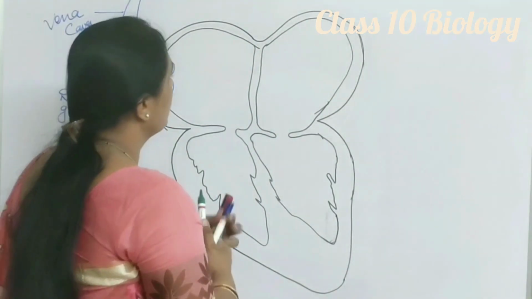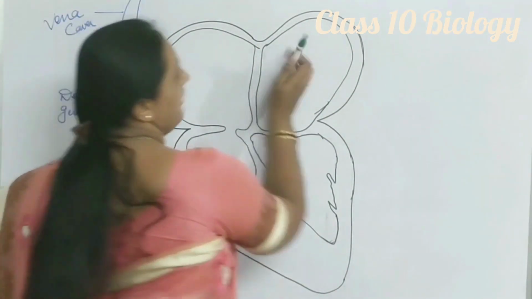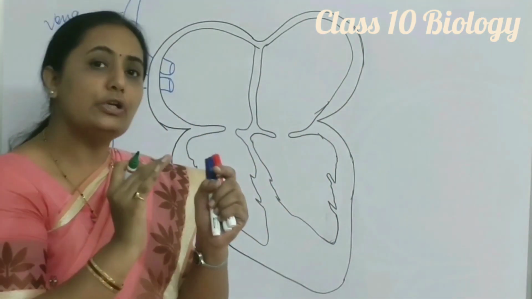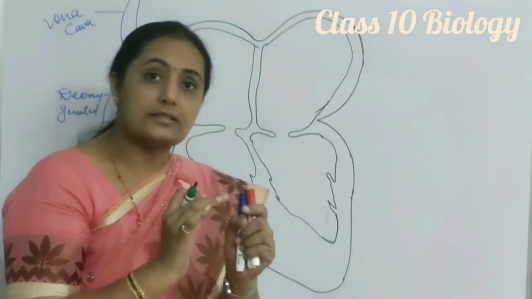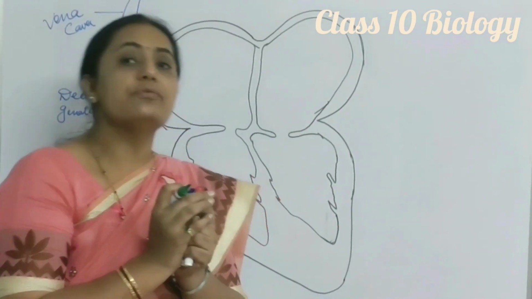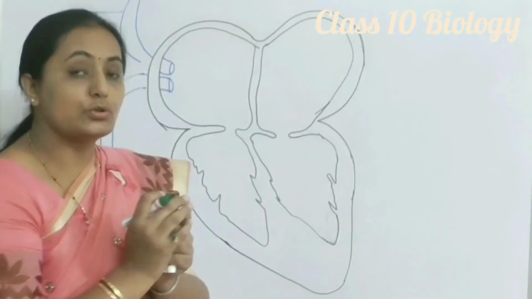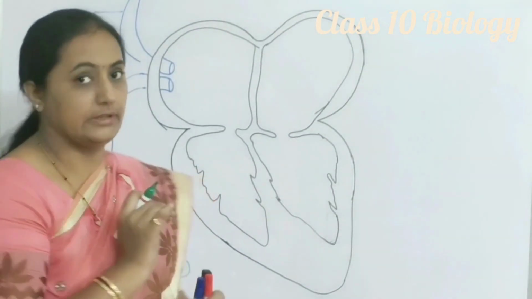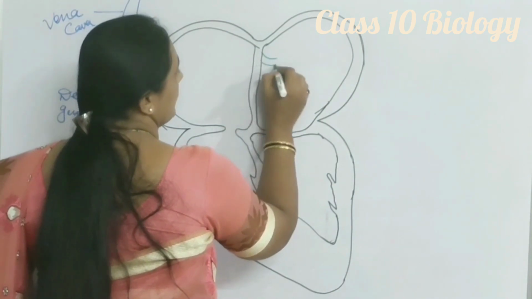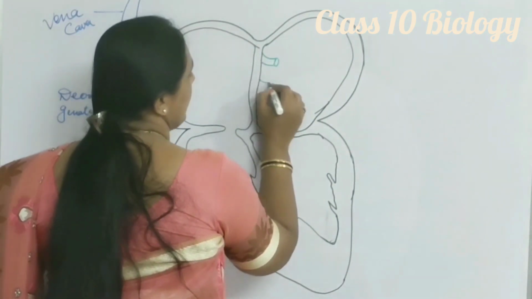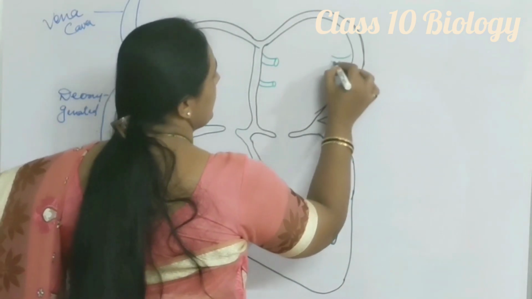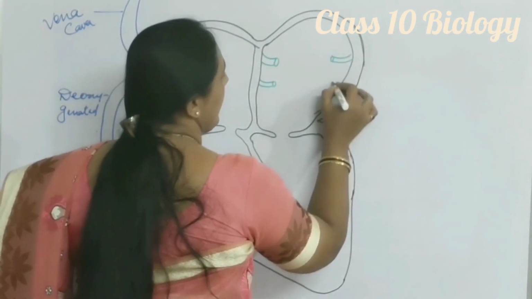Now here, this side in the left part, as I told you, the heart is located in between two lungs, and from each lung, two pulmonary veins come out. So there are a total of 4 pulmonary veins: 2 from the right lung and 2 from the left lung.